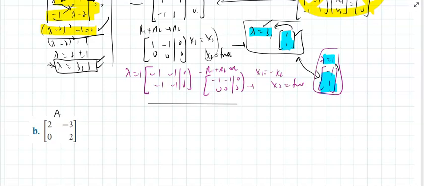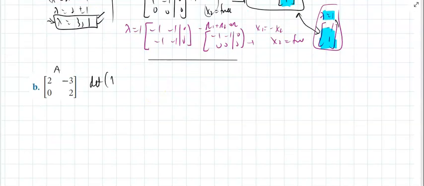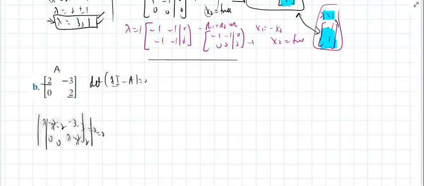To do that, we start with finding the determinant of lambda I minus A and set it equal to 0. Lambda I, that's a lambda minus this and a lambda minus this. The determinant would be simply lambda minus 2, a negative 3, and a 0, and a lambda minus 2. You set that equal to 0 and you solve it. And that's going to give you the eigenvalues.